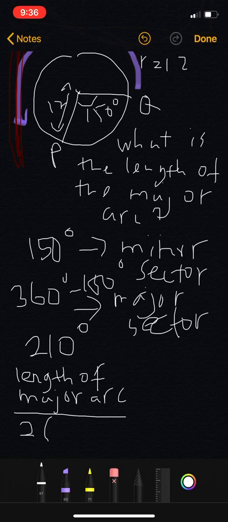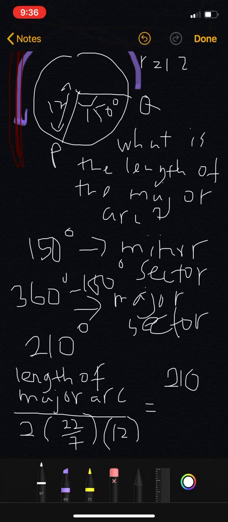In this question, they asked you to use pi as 22 over 7. So 22 over 7, 2 pi r, and the radius is 12, is equal to the angle at the center. Now we are going to find the major sector, so the angle at the major sector is 210 over 360 degrees.